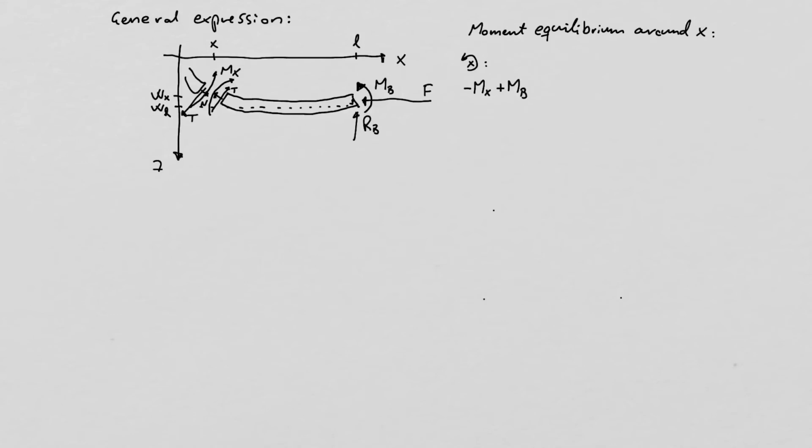Okay. So if there's a difference between WL and WX, then our force F will give a moment around point X, right? That corresponds to the different height positions of the action point of our force and our cut.